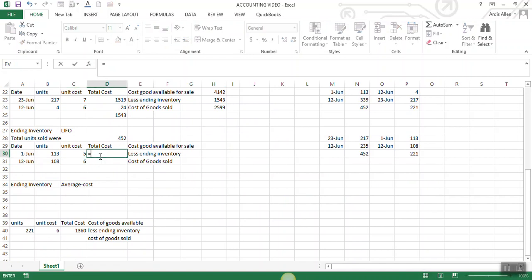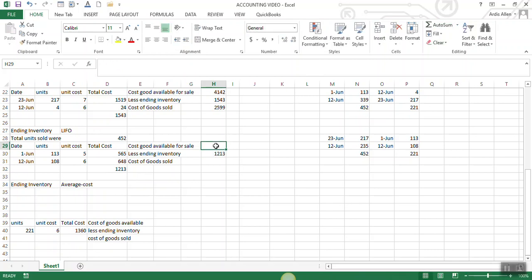Total cost is units times the cost per unit, which then gives us a total cost of ending inventory of 1,213.